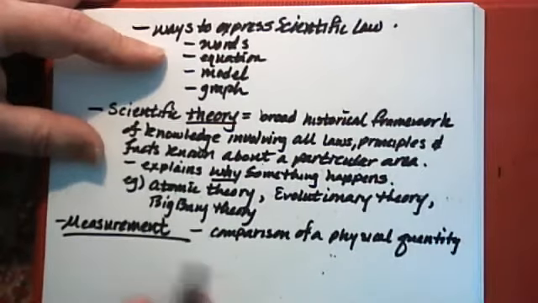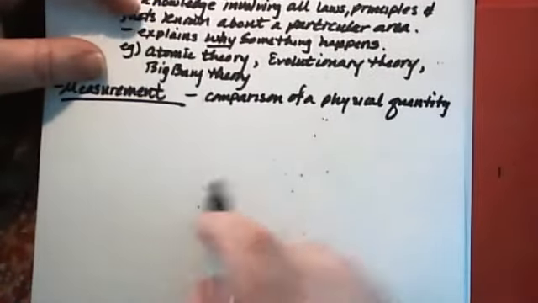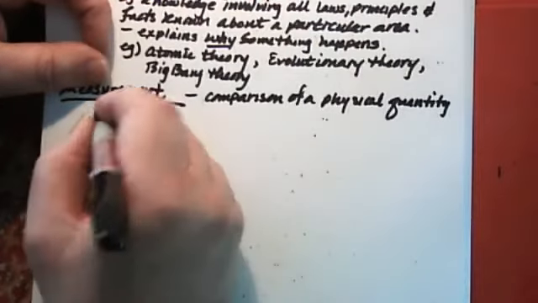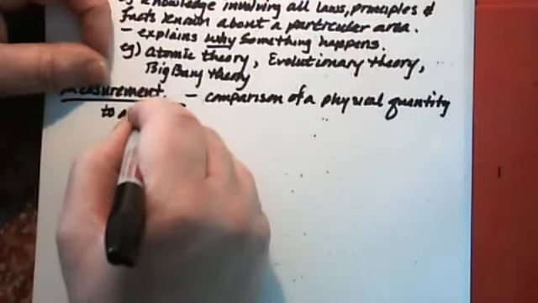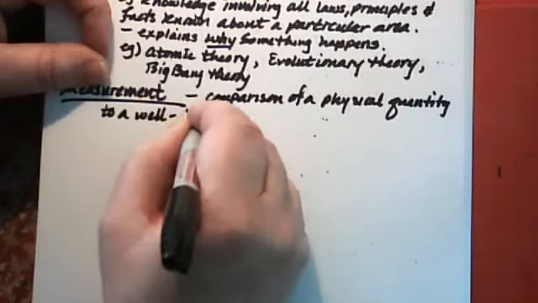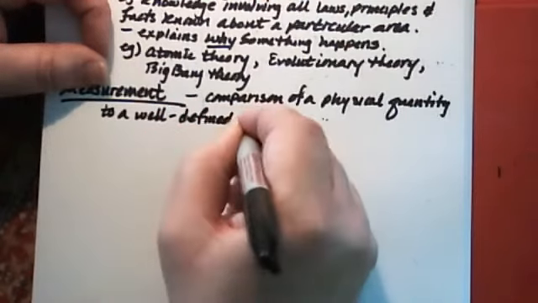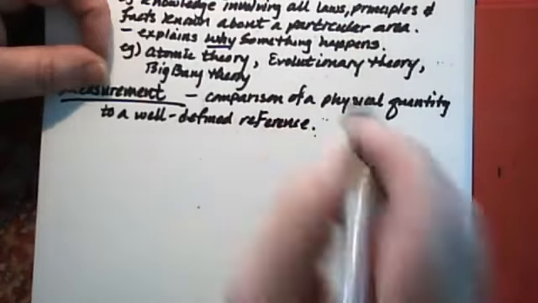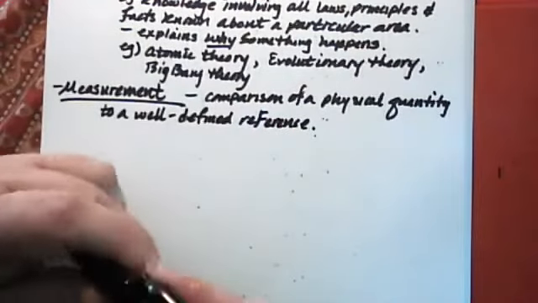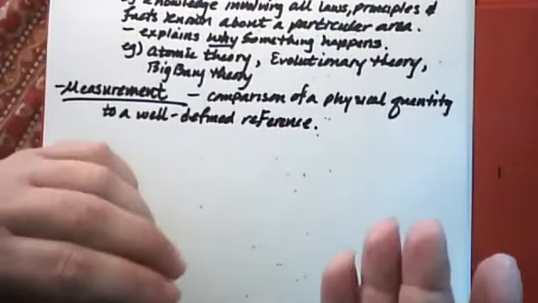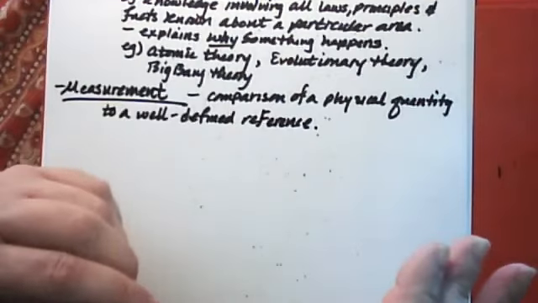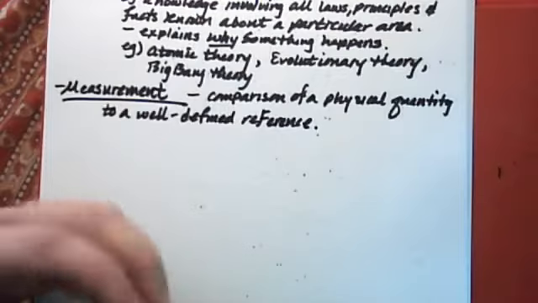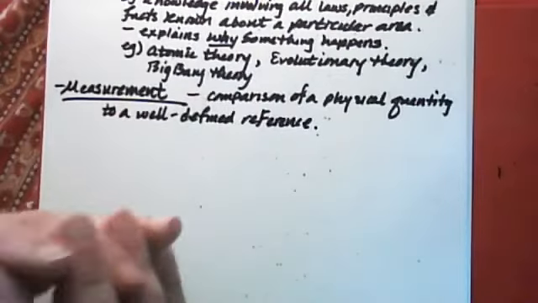So what is measurement, first of all? Measurement is a comparison of a physical quantity to some well-defined reference. So if you take a ruler and measure a sheet of paper and you find out that the paper is 8.5 inches wide, you're basically comparing the width of the paper to that well-known reference, which is the inch.